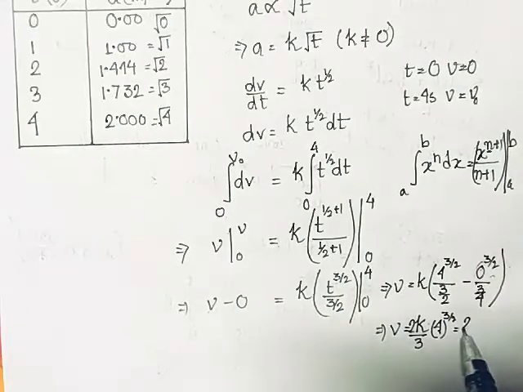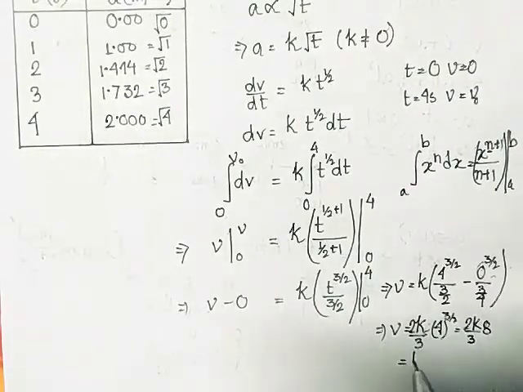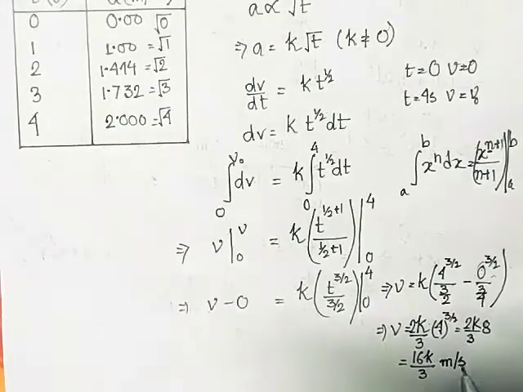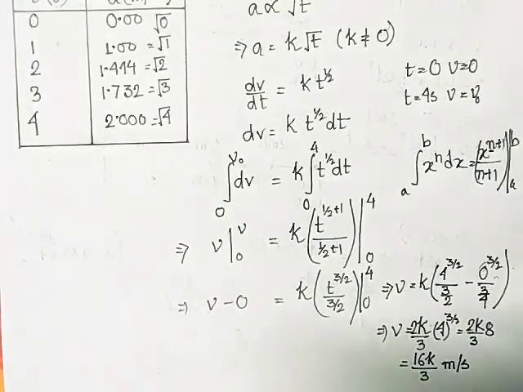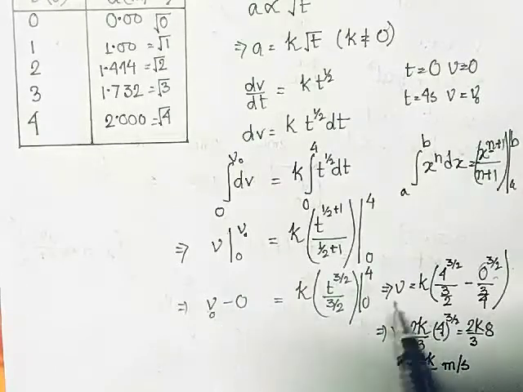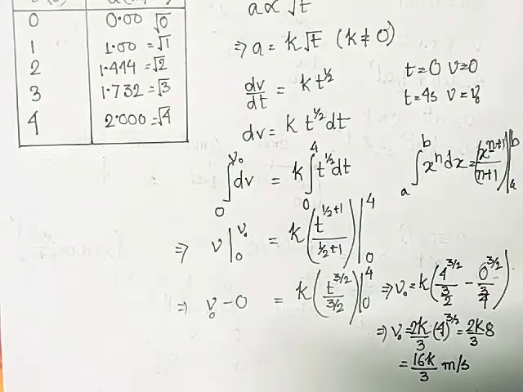So it will be 2k divided by 3 into 8, or 16k by 3, where k is the constant of proportionality, in meter per second. So this is the velocity. Here I put this as v naught. So the velocity of the particle after 4 seconds is 16k by 3 meter per second.